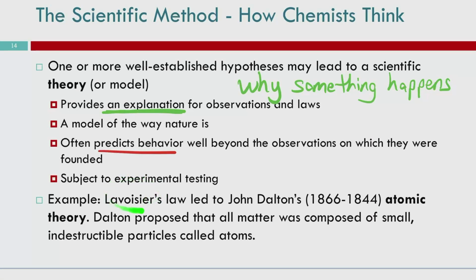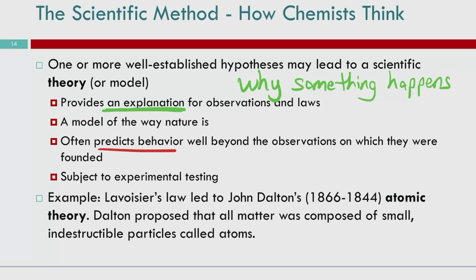So Lavoisier's law led to John Dalton, another important figure in science. It led to his atomic theory. The atomic theory is the idea that all matter, including pizza, is composed of small, indestructible particles called atoms.